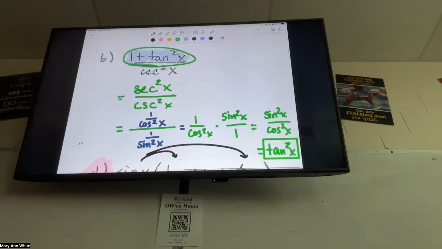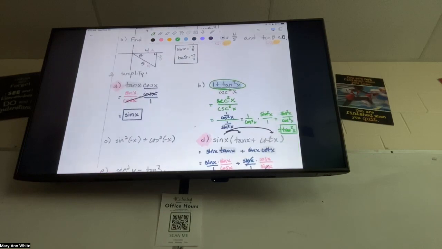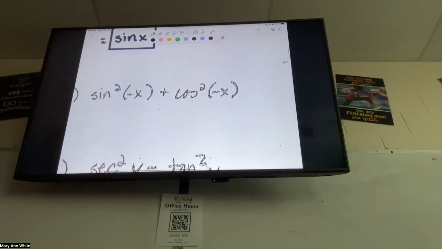All right, can we jump to letter C? Does letter C look like something on your identity sheet? It kind of looks like that first one, right? Ours just says sine squared of x plus cosine squared of x.